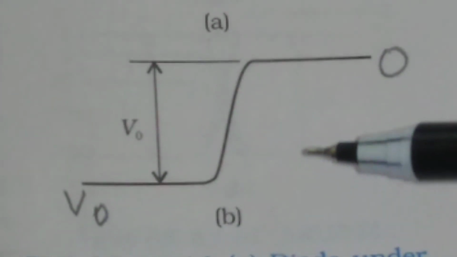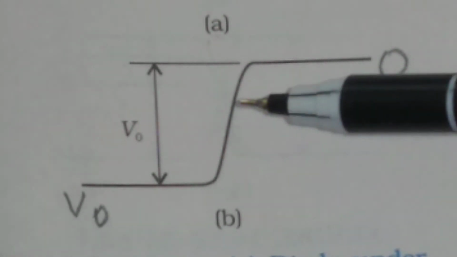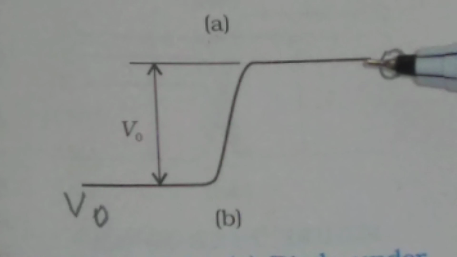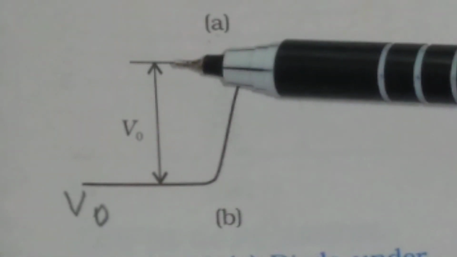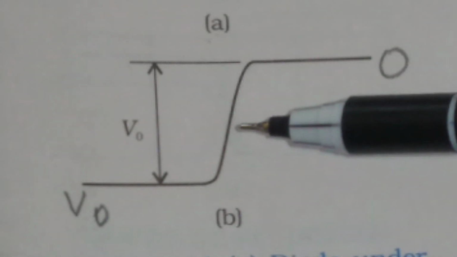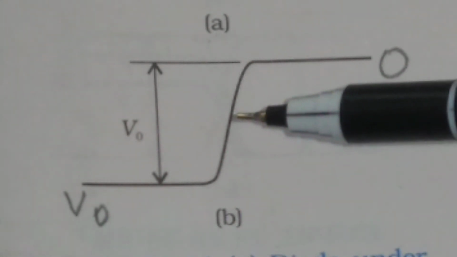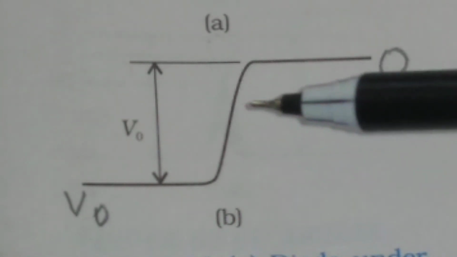And when there is no biasing, the potential barrier can be represented by this diagram. Here you have 0 potential and V0 potential, so the difference in potential is V0. This is the diagram when the p-n junction is not connected to any external source.